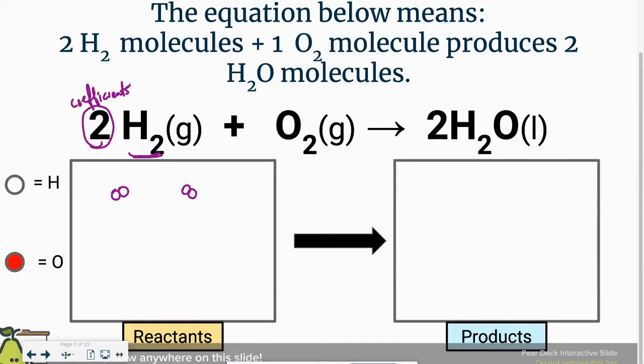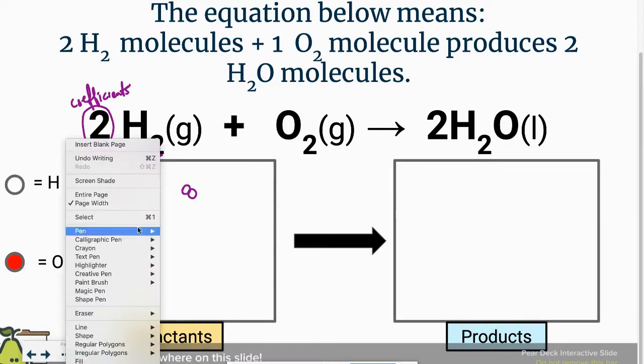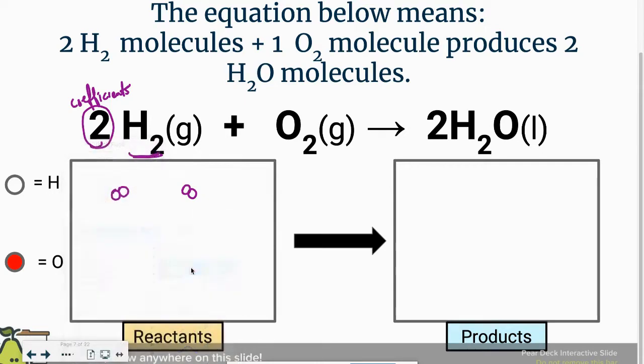All right, looks like I need to change colors here. Go to red. And then for my oxygen, there's a 1 in front of here, and looking at my formula, I have 2 oxygens bonded together. So let me put those together like that. So my reactants are 2H2 and 1O2, and that will make 2H2O.